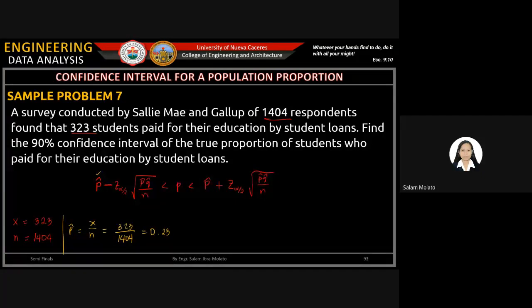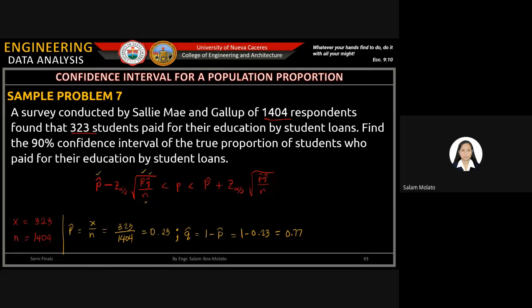Okay? So if P hat is 0.23, therefore Q hat natin is 1 minus P hat. 1 minus 0.23 will give you 0.77. Oh, di ba? We have the P hat, we already have Q hat, we have N.